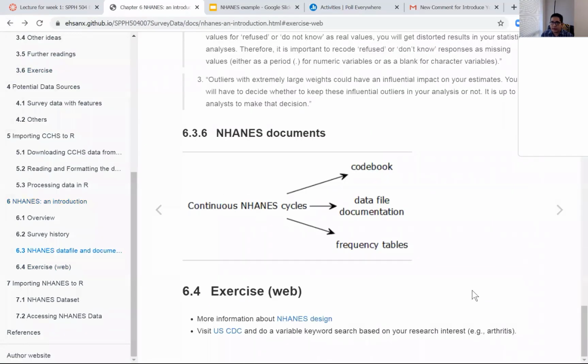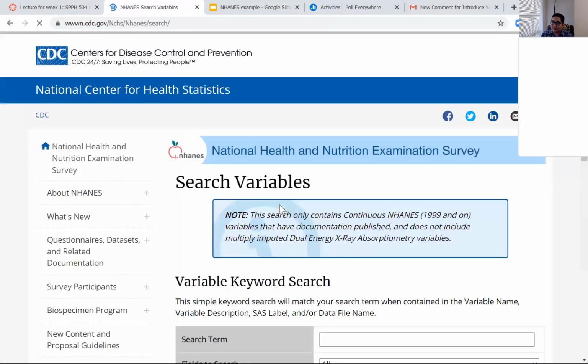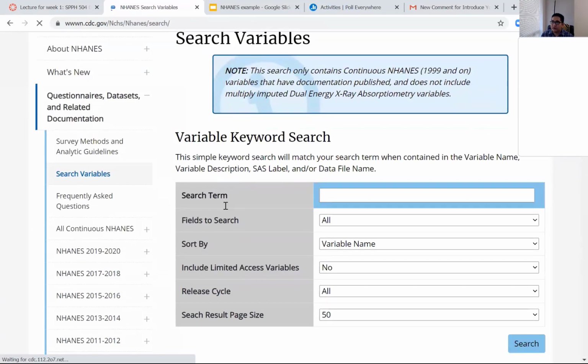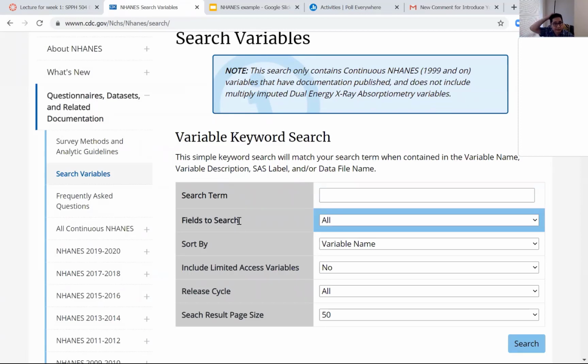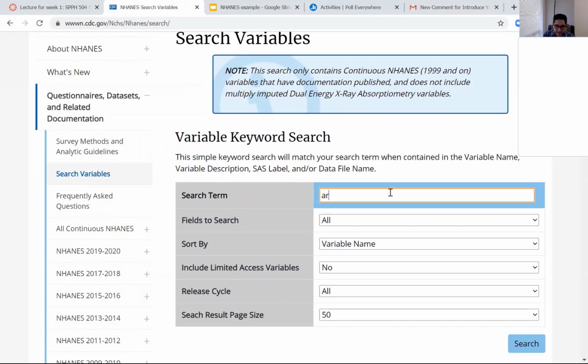The other part I just want to show, how much time do I have? 2 minutes, okay. So in 2 minutes, I'm just going to show you how to figure out which data set to download. Say, for example, I am interested in arthritis, and because there are so many data sets, I don't know which data set to download, right? So I just search this, right?